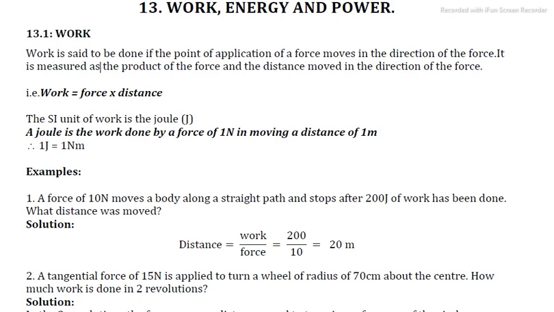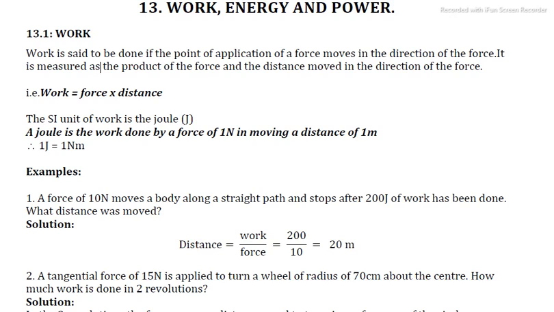For instance, if you apply force on a table to make it move and it does not move in the direction of the force, that means that there is no work done.